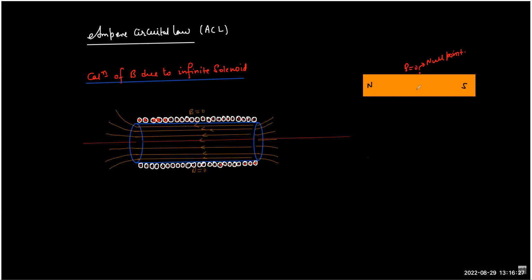Just after the surface. The reason is, if you go away from the surface, say you're here, then north will repel and south will attract, so the net force will be like this.